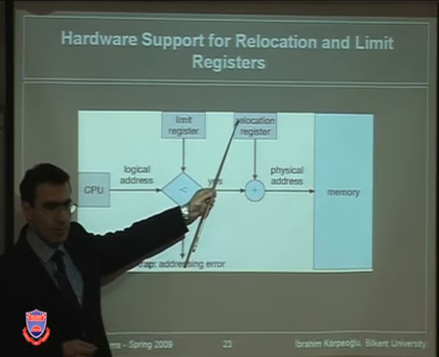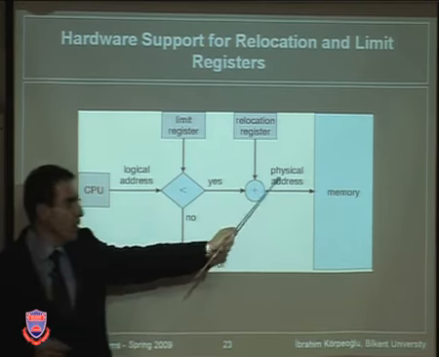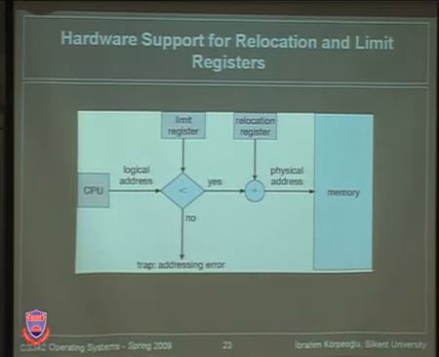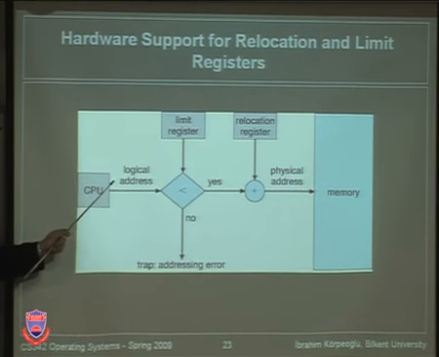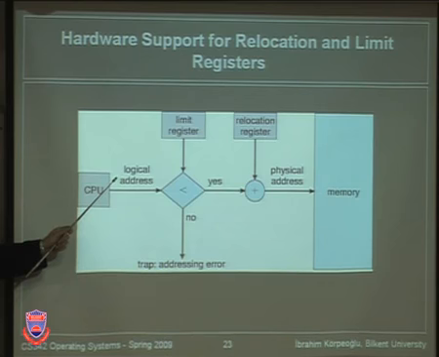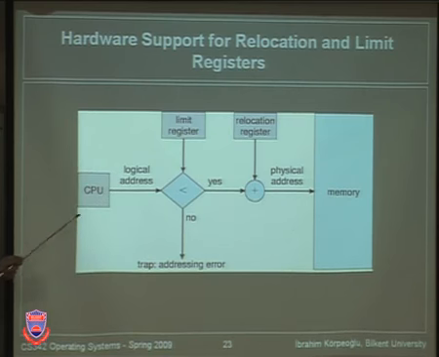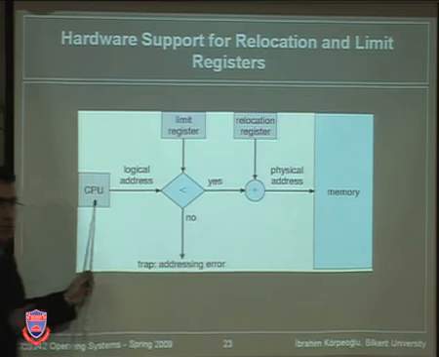To the base address to obtain a physical address. Then we go to that location in memory and get the value or put the value or get the instruction, okay? Whatever the CPU would like to do with that logical address. It may correspond, for example, to a variable address, and the value of that variable is to be loaded from the memory. Then we go to that physical address, get the value, and load it into the CPU, okay?